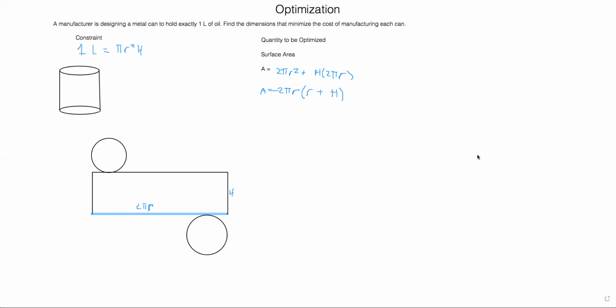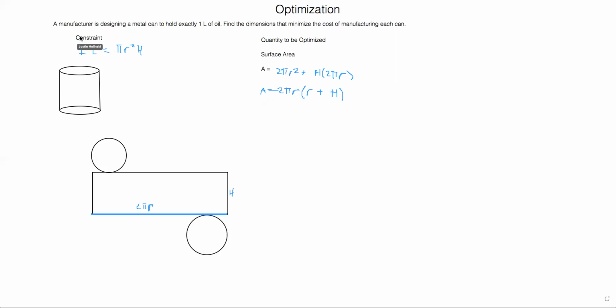We want to create the equation that we want to optimize, and we want to put it in terms of one variable. So we're going to use the constraint equation, and I would say we could solve for H and then put the actual equation all in terms of R.